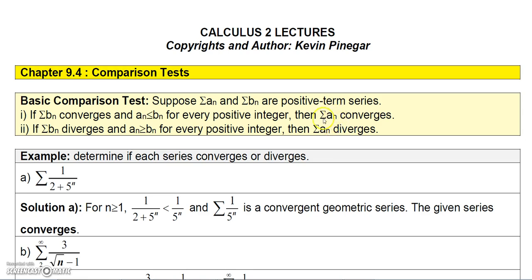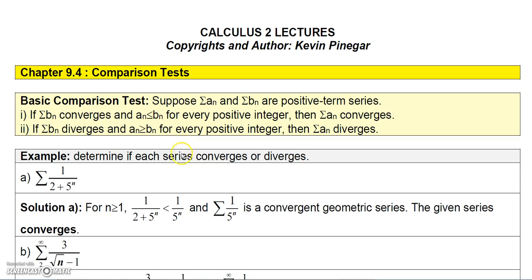So in other words, if you have a series that has smaller terms, then, well, it doesn't have to be smaller. It could be smaller or equal to the terms in a convergent series, then you know your series converges. Now, on the other hand, if the series B sub n diverges and your terms are equal to or greater than the terms in the divergent series for all values, then your series must diverge.